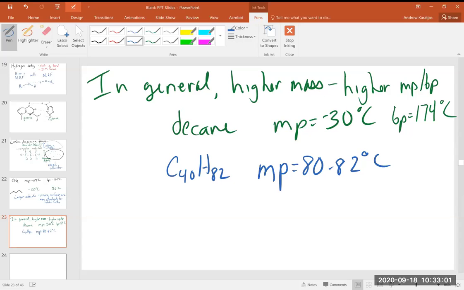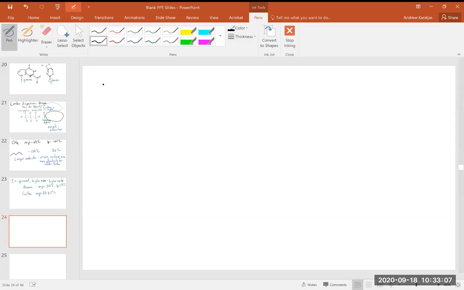Now, all of these are straight chains. What happens if the molecule branches? Well, let's look at a bunch of isomers, all with formula C6H14.